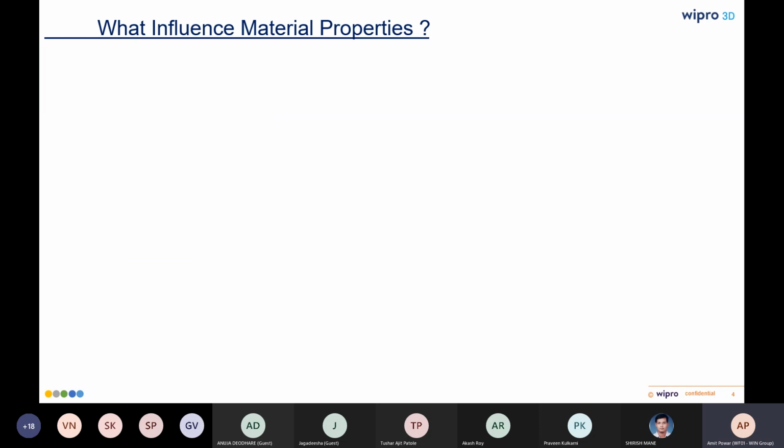So when we think about metal AM, many people ask us how it compares with casting or other routes of manufacturing, like casting or forging routes, right?